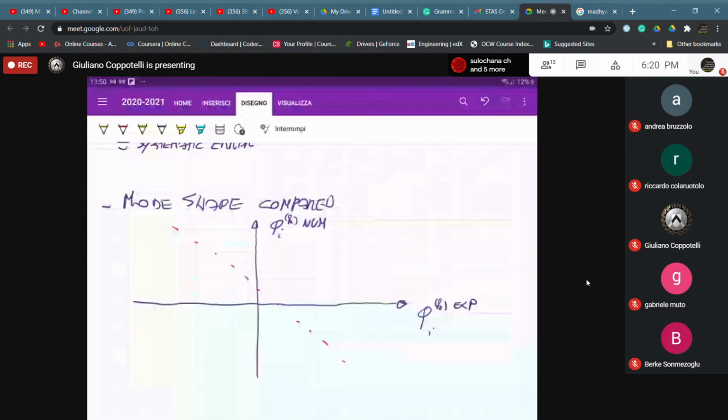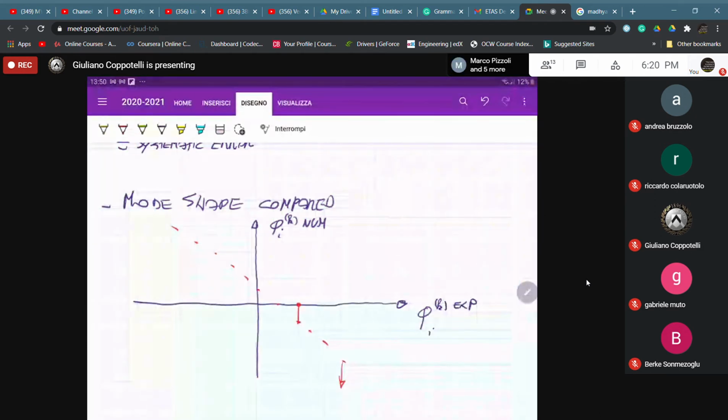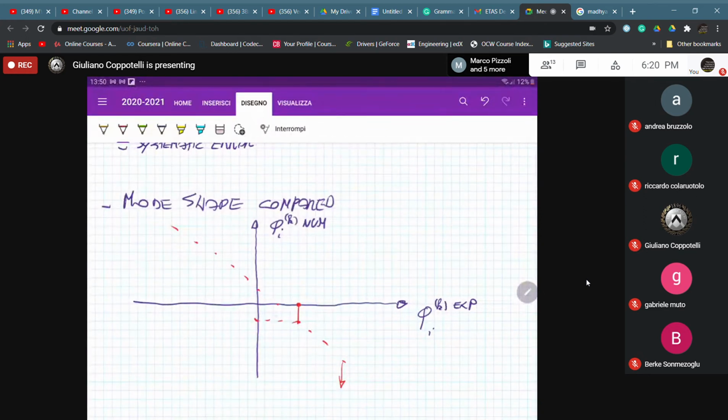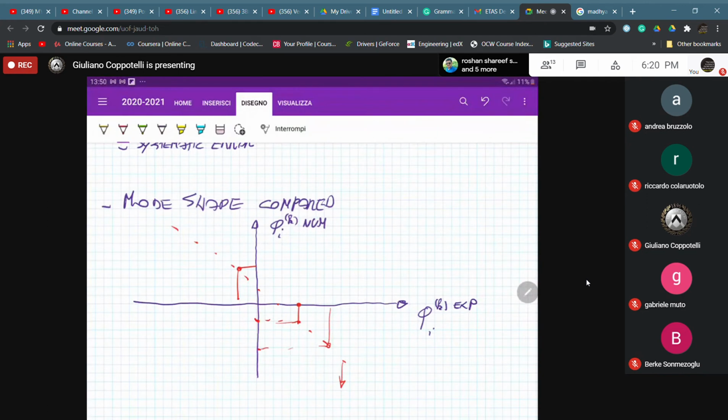And therefore, if the comparison gives a plot where the components are aligned, that means we are in a good correlation, an excellent correlation.